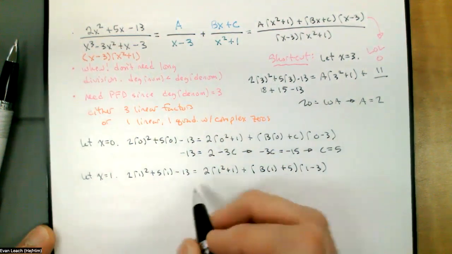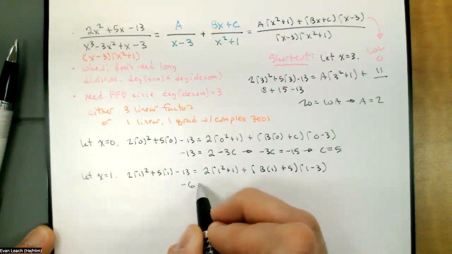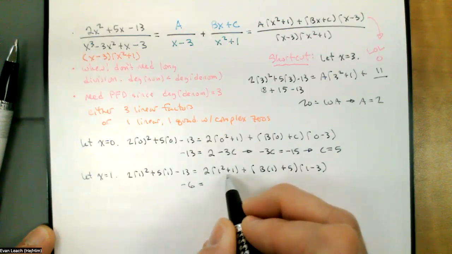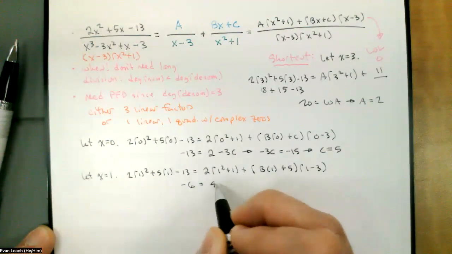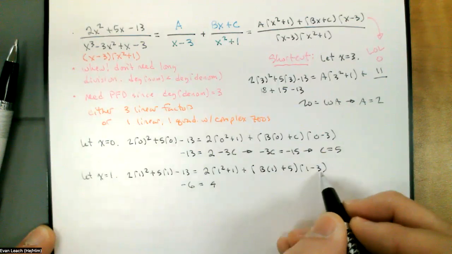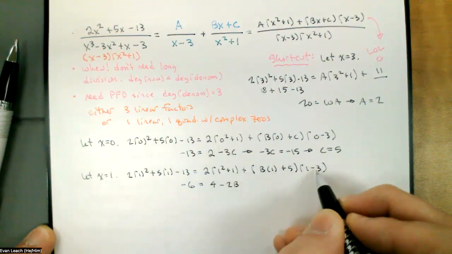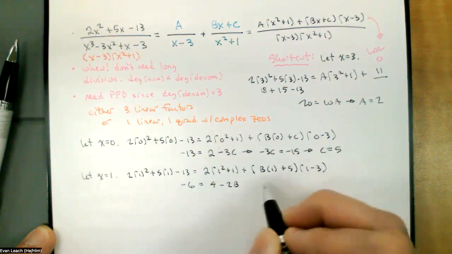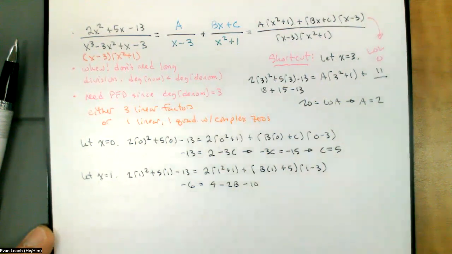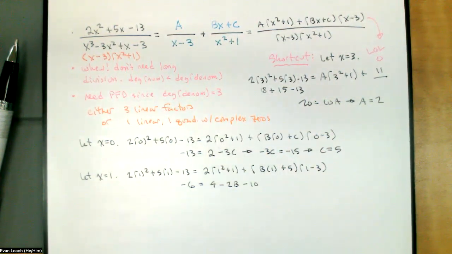So here we get 7 minus 13 is -6. This is equal to 2 times 2 is 4. 1 minus 3 is going to be -2b. And 5 times -2 is -10. Did I mess something up?